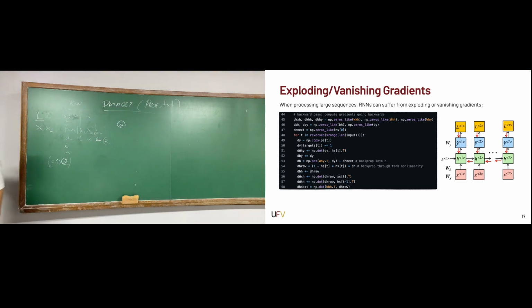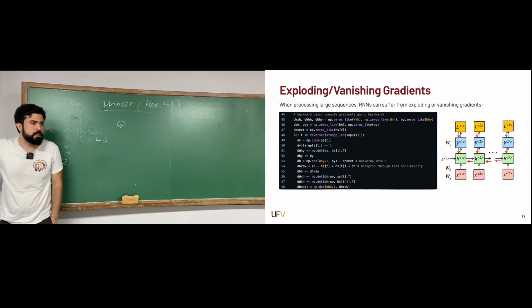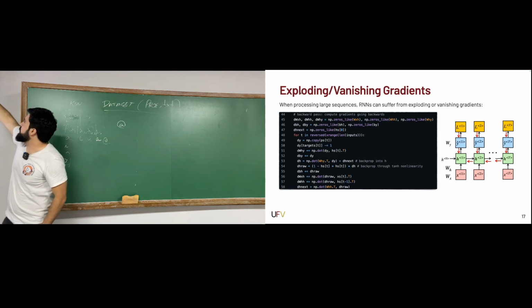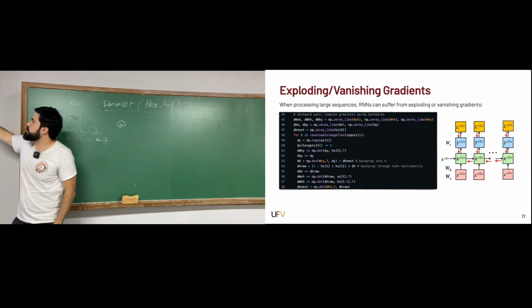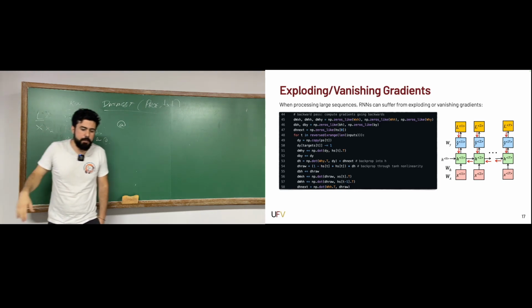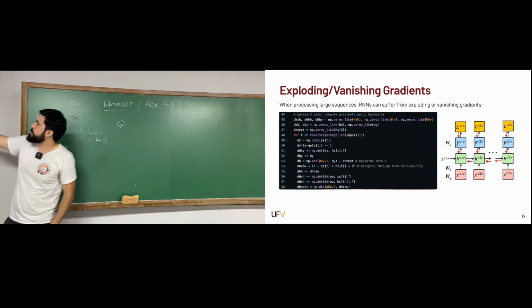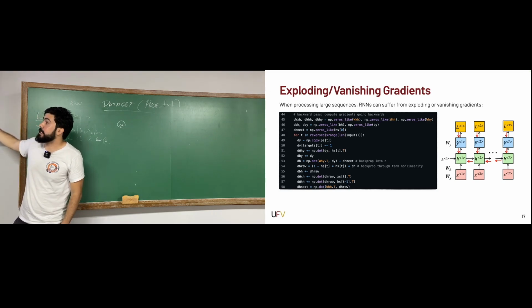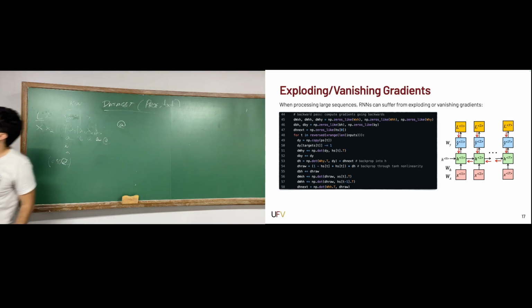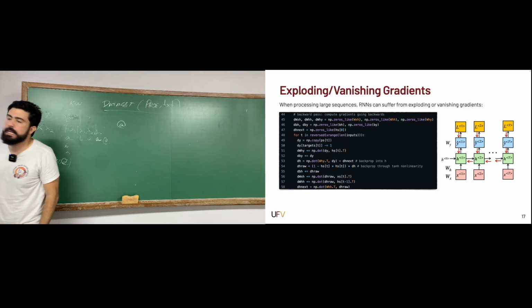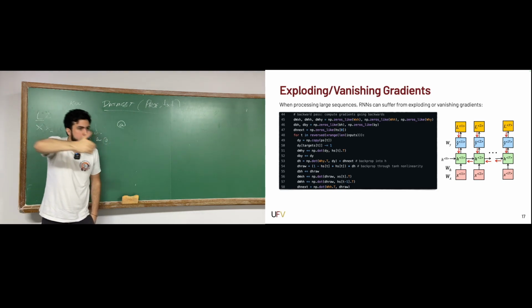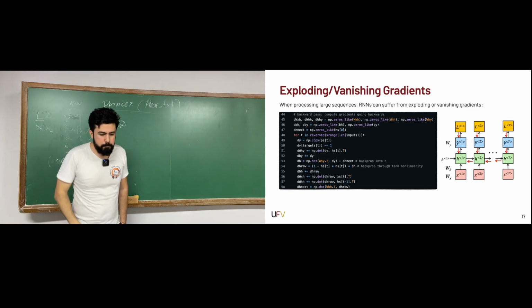So just looking at the code, I think it's easier to visualize. If you want to look at the diagram here, it's up to you. Here you see the general diagram of the RNN going from time step 1 to time step t. And the same thing you see in code at line 48. That's the for loop over the time steps.